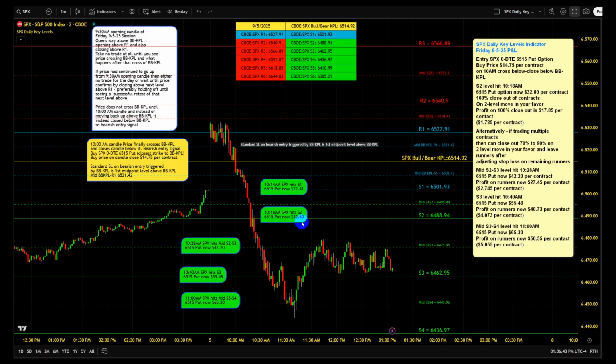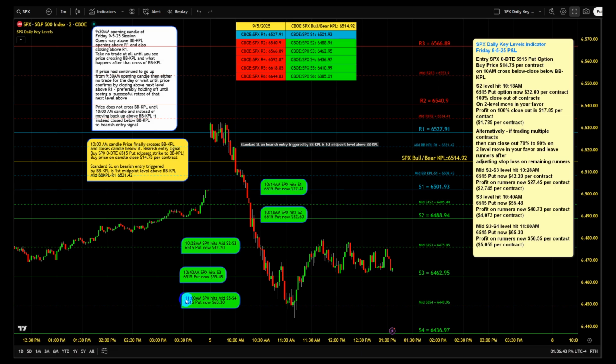Okay, so if you did leave runners at this point, then whatever runners were left, at 10:28 SPX hits the mid S2, S3 level, and the 65.15 put is now 42.20. Then just 12 minutes later at 10:40 a.m. SPX hits the S3 level, and now the 65.15 put is 55.48.